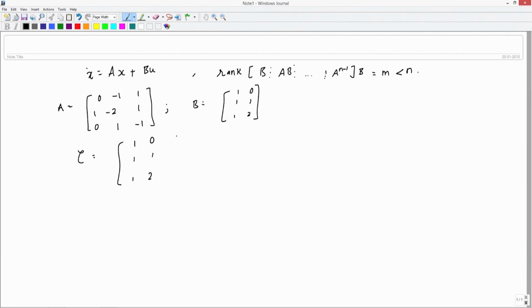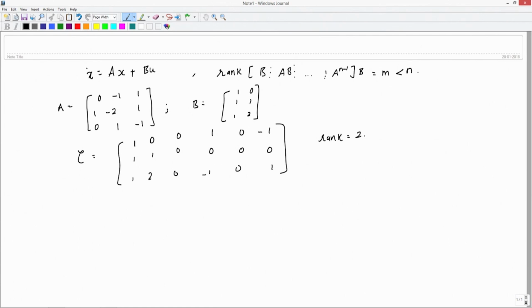So the controllability matrix C is B, which is [1, 1; 1, 0; 1, 2], then AB would be [0, 0; 0, 1; 0, -1], and A squared B would be [0, -1; 0, 0; 0, 1]. And we can easily check here that the rank is 2.